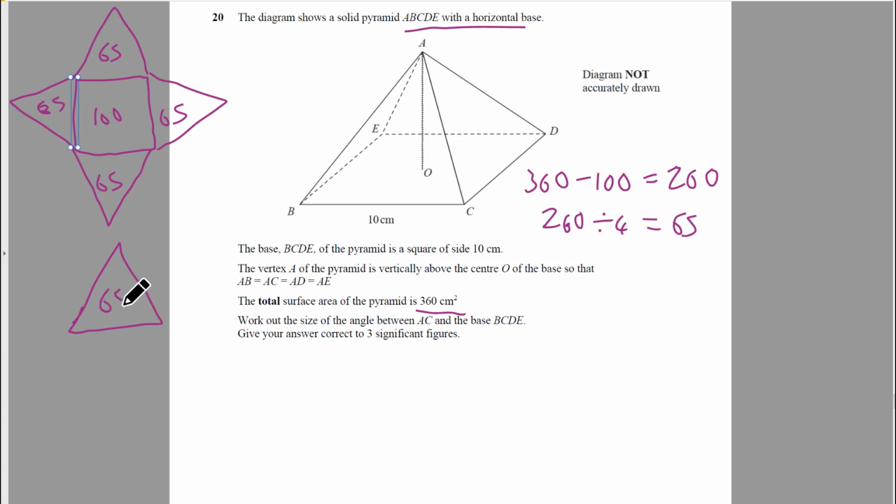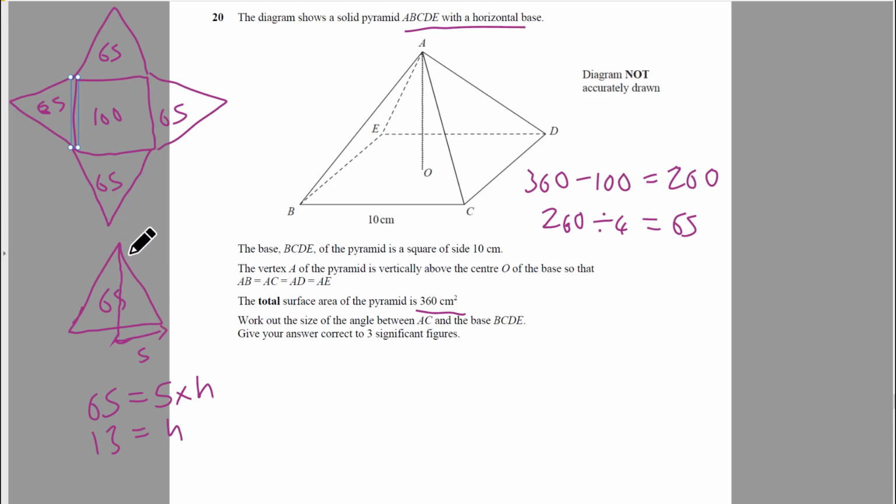Now that's 65, this length is 10, that length is 5, so 65 is going to equal 5 times the height of that triangle, so h equals 13.